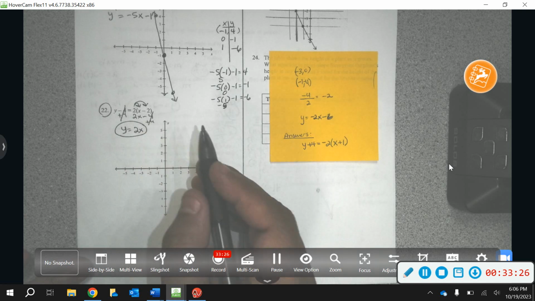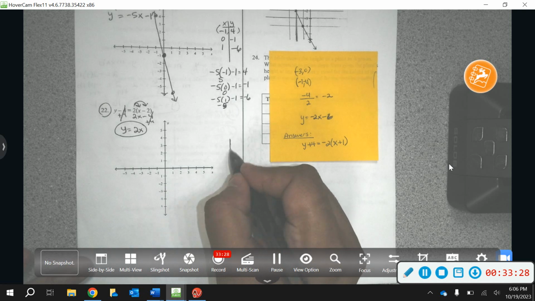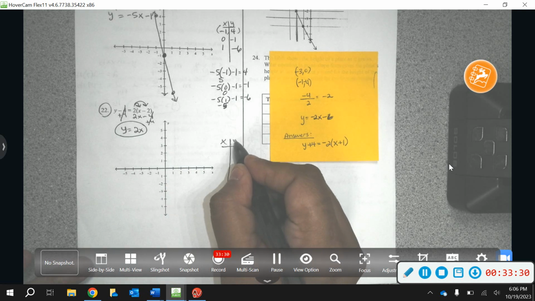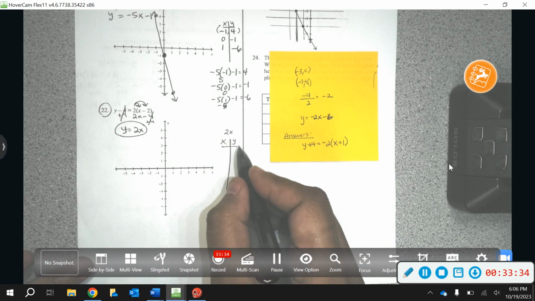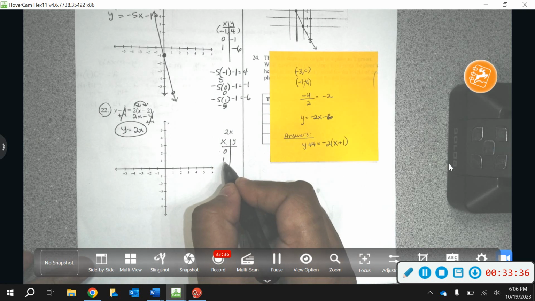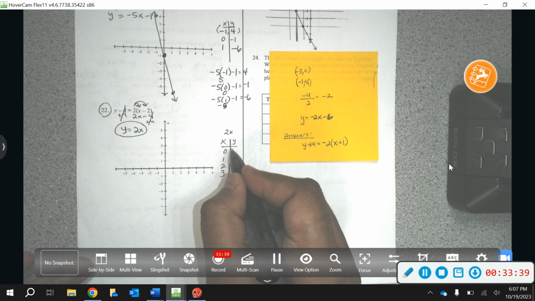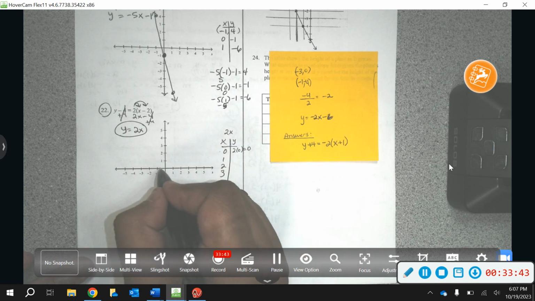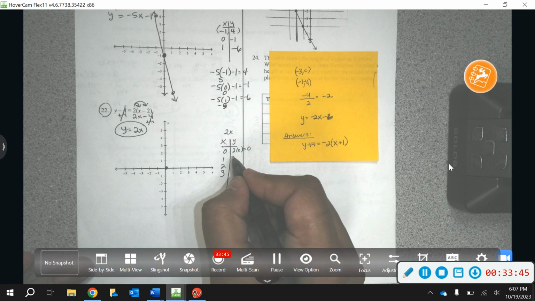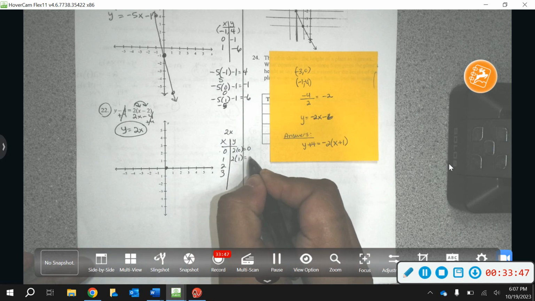It went away. So I know that when I plot my graph here, this is going to be 2x, okay? So 0, 1, 2, 3. At 0, 2 times 0 is 0, so 0, 0. Now when I do 2 times 1, it gives me what? 2.